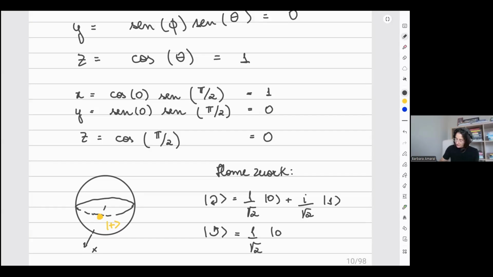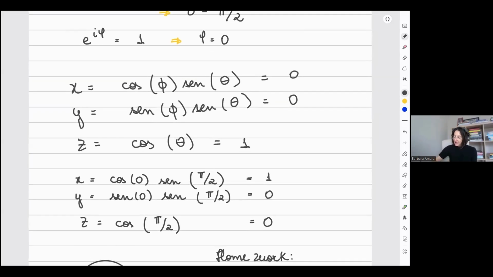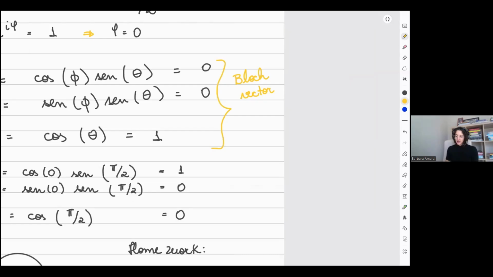The eigenvectors of the sigma y Pauli matrix are going to be the antipodal vectors aligned in the y-axis. So this is homework for you. Okay. These coordinates here, this point in R3, is called the Bloch vector associated to that state.